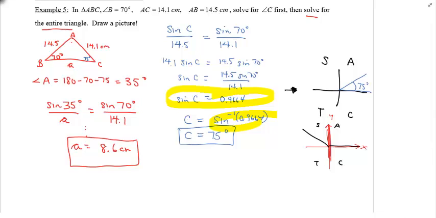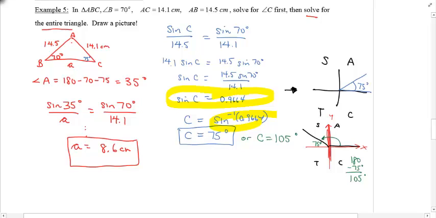Remember, they share the same reference angle of 75. So what's the measurement here going to be? 180 minus 75. What you have now told me is C equals 75, or C could also have been equal to 105 degrees. You're like, what?